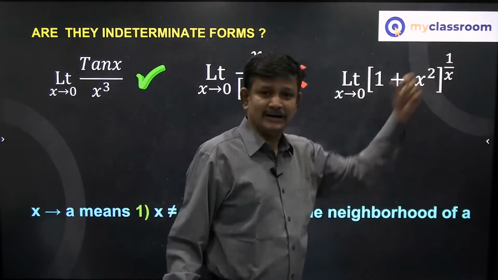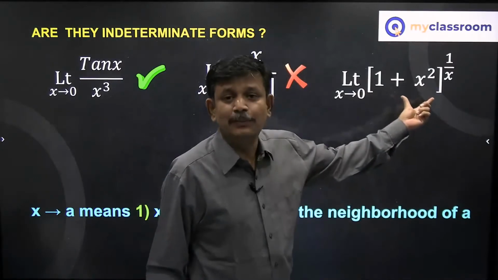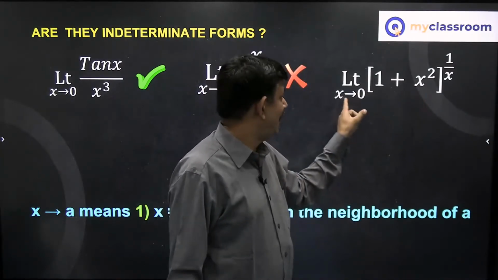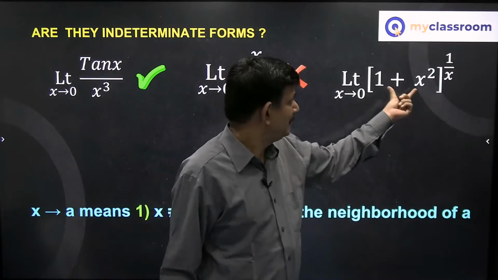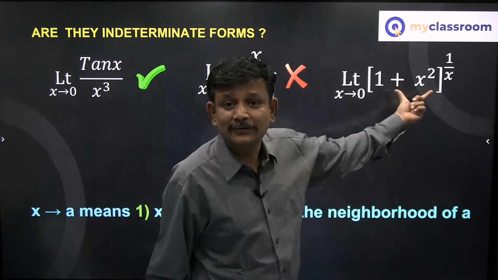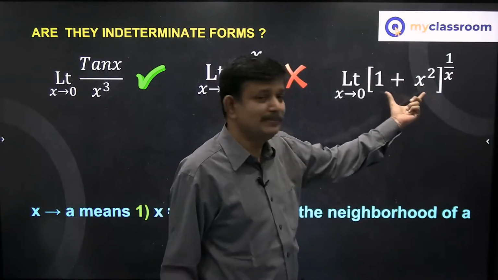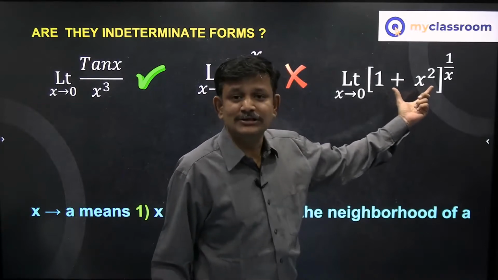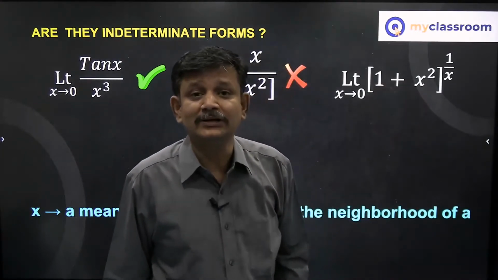So this is an infinitely large number. But what is the base? Is it approaching 1 or is it 1? As x approaches 0, x square is a small positive number, plus 1 is slightly greater than 1. And what will be integral part of it? It is not approaching 1, it is 1. So base is 1 here. So this is not an indeterminate form, as this is not approaching 1, but it is 1.